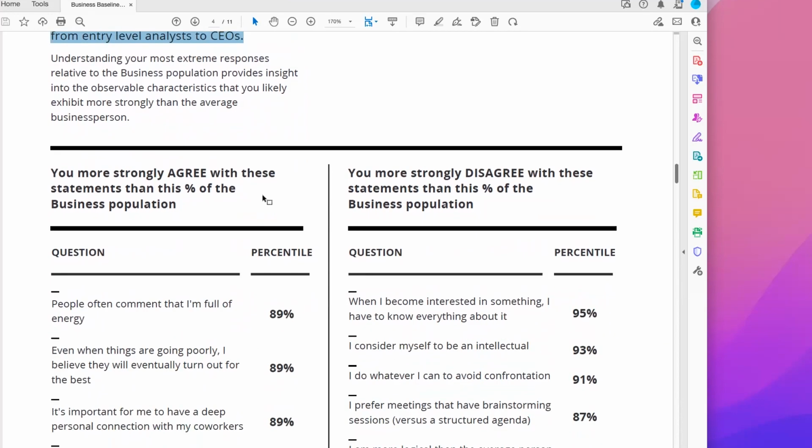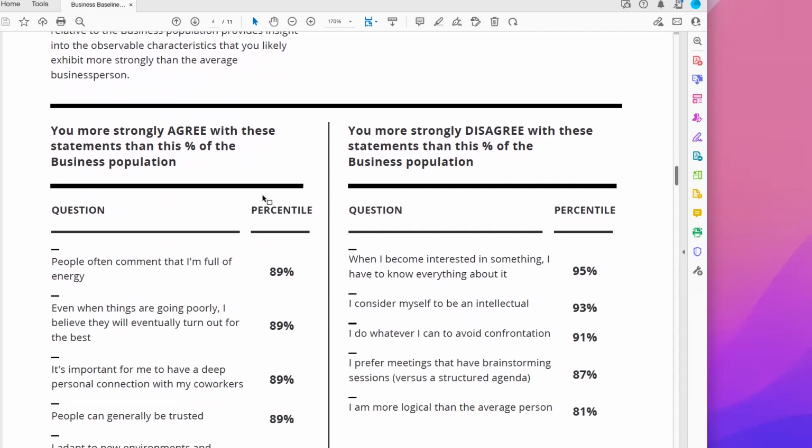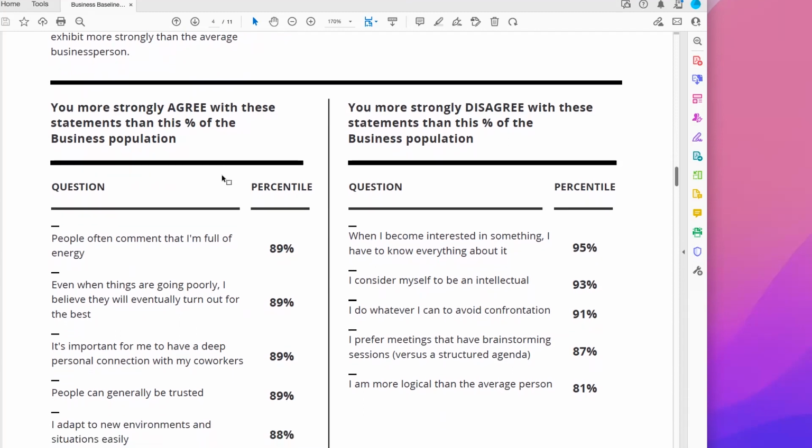Okay, so understand your most extreme responses. Here we go. You more strongly agree with these statements than this percentage of the business population. So people often comment that I'm full of energy. They're saying that I'm in the 89th percentile. I agree with it more than 89% of the population, so I've got more energy than 89% of the population.